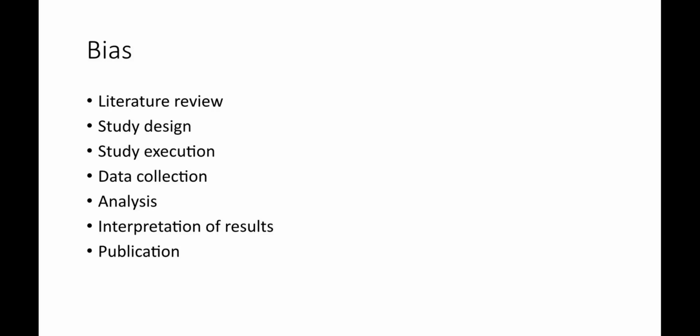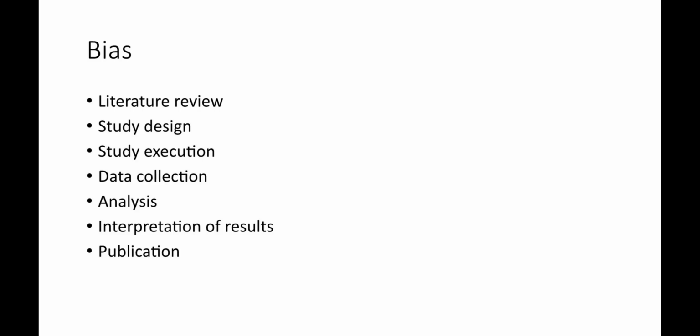Bias actually can occur throughout the whole study cycle. So from how you've consulted sources of literature, you have selected a database that mainly indexes journals from a discipline or with a certain language, or has only papers that are published open access, or the more recent ones. So that's a source of bias.